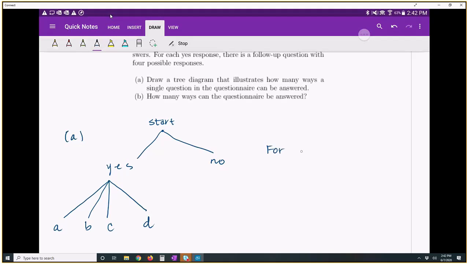So for each question, how many possibilities do I have? Well, I either answer no, or I answer yes and A, or yes and B, or yes and C, or yes and D. So there are a total of 5 possibilities. So 5 different ways to answer a single question.